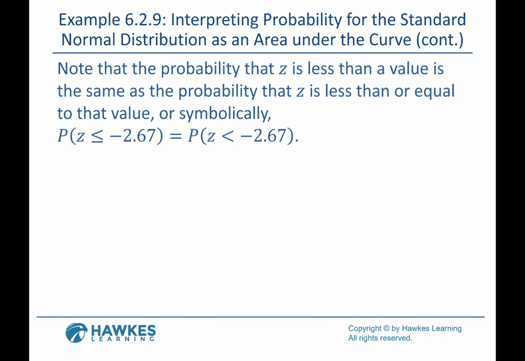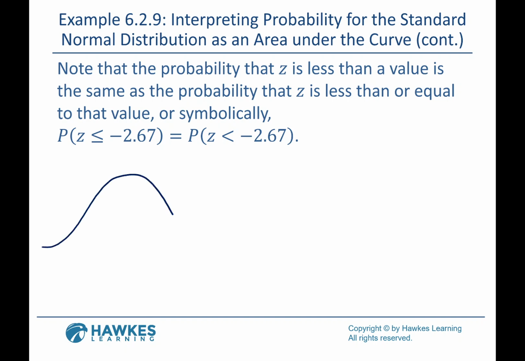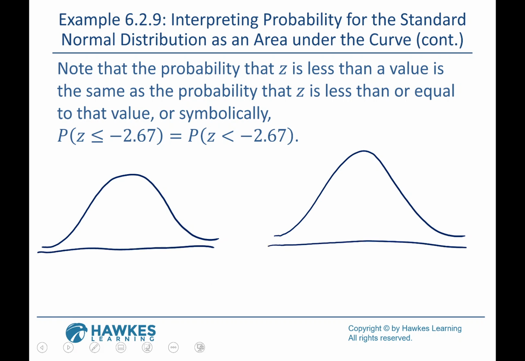So why is that the case? It's a geometry issue. The only difference between these two, the one on the left and the one on the right, is the equal to part.